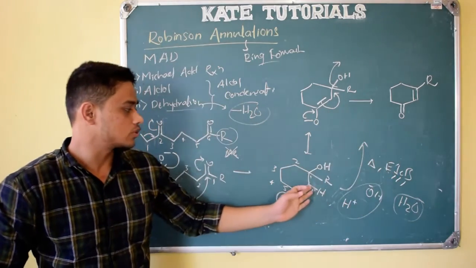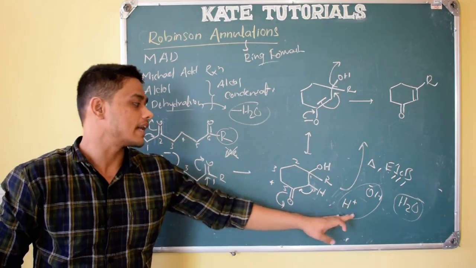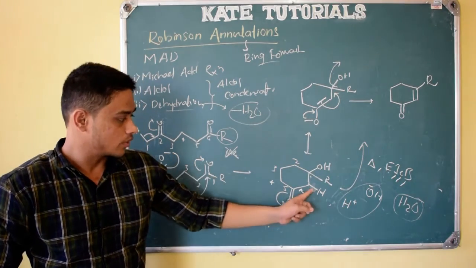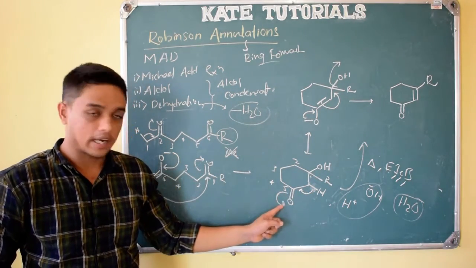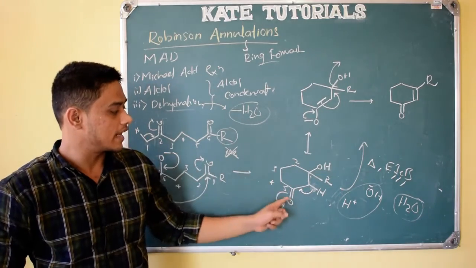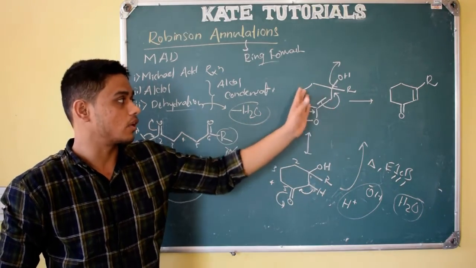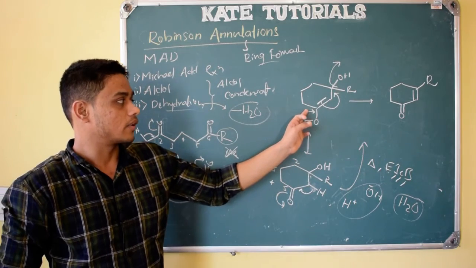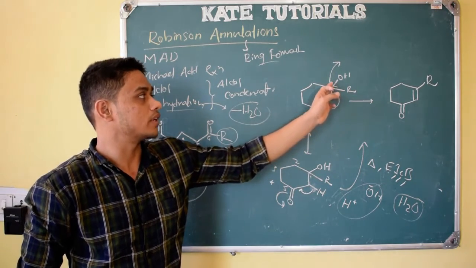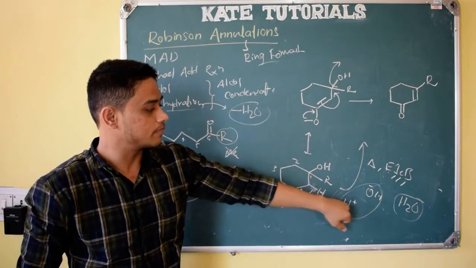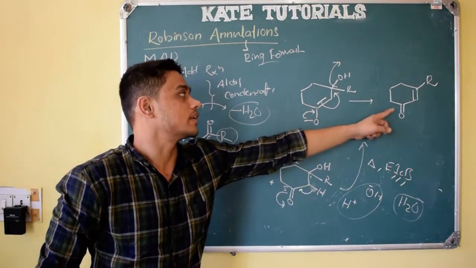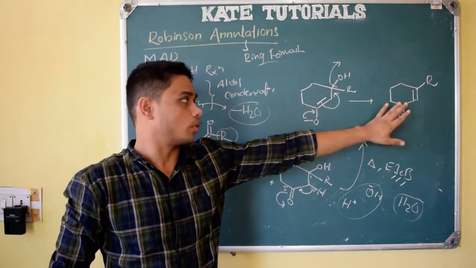In this mechanism also I have told, this proton will be eliminated as H plus, negative charge is stabilized by carbonyl, and this is also called keto-enol tautomerism, and we got this structure, and electron density moves here like this, and OH minus will come. So OH minus and H plus becomes H2O, and we are left with our required compound.